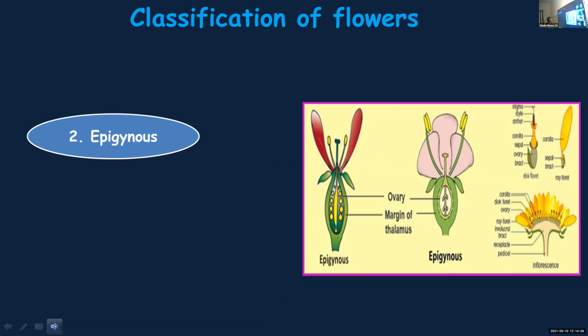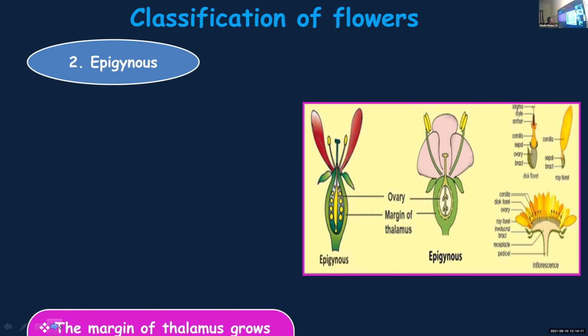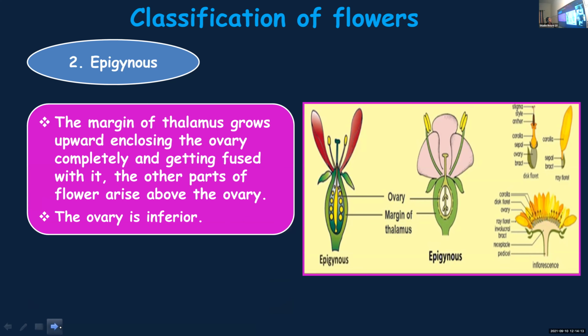Now moving on to epigynous. The margin of the thalamus grows upward, enclosing the ovary completely and getting fused with it. All the other parts arise above the ovary. Here the ovary is inferior.